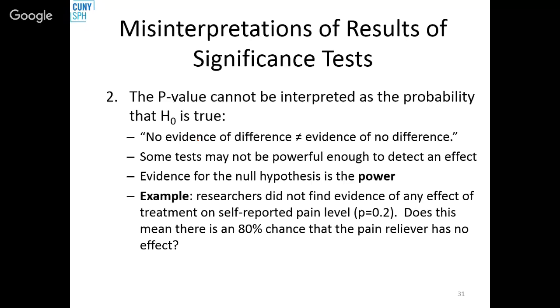The assumption is that H0 is true. It is the probability of observing what we observed or something more extreme. So if that probability is very small, we will reject the null hypothesis as being something unlikely.